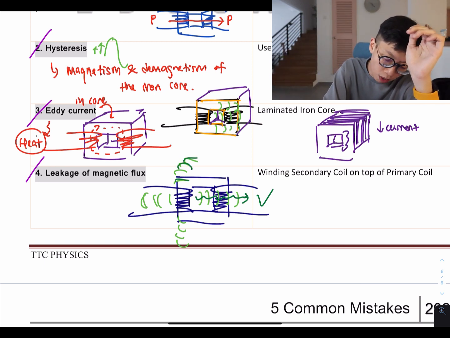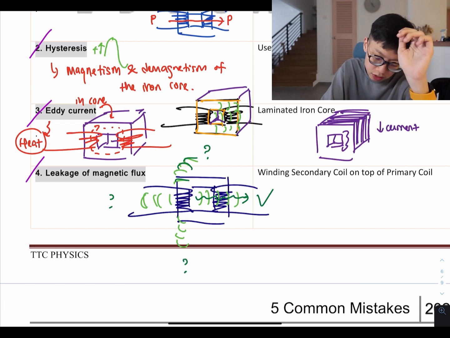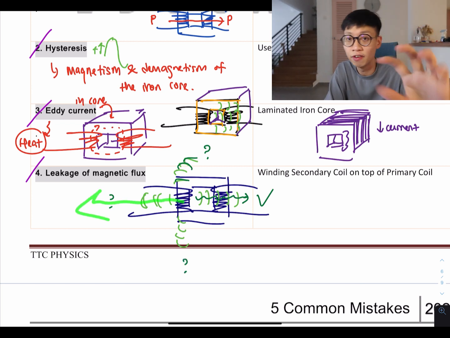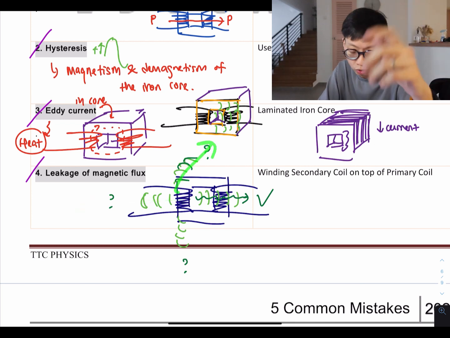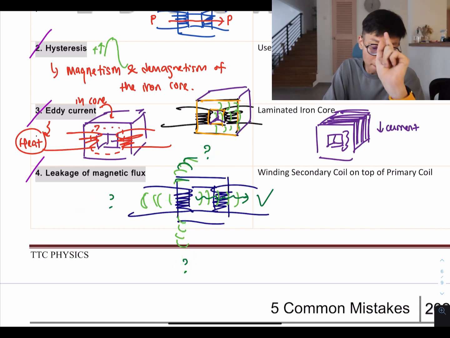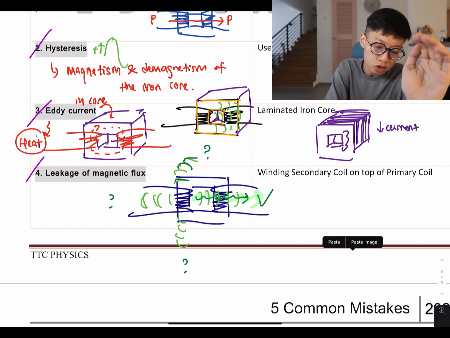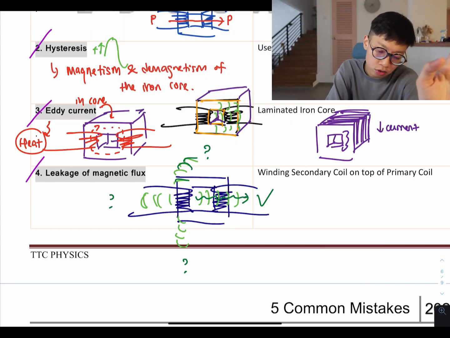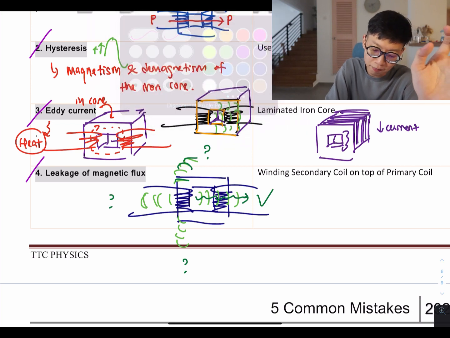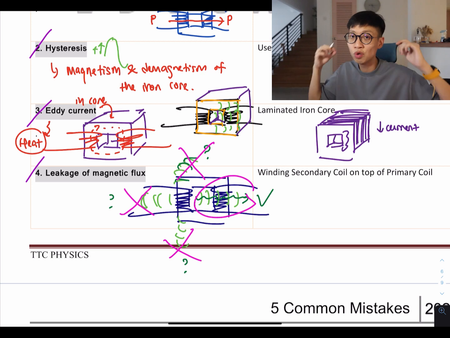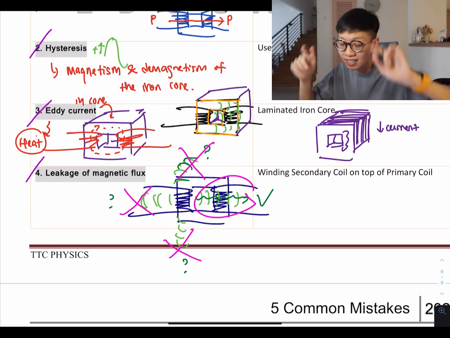This magnetic field goes out. But this one and this one are being wasted because this magnetic field ends up going to the left, no cutting, going up, no cutting, going down, no cutting. But this one goes through and cuts through the secondary coil. So you only use this side of the magnetic field. This is wasted. The wasted part is also known as the leakage.